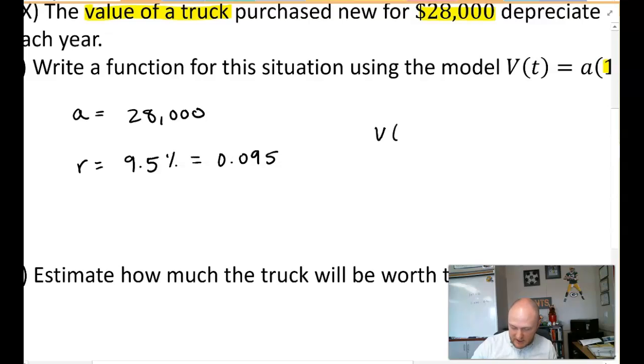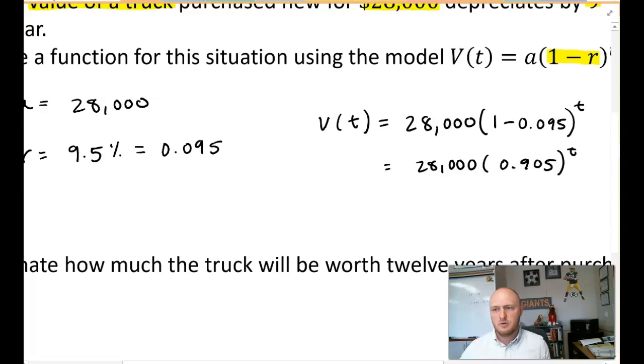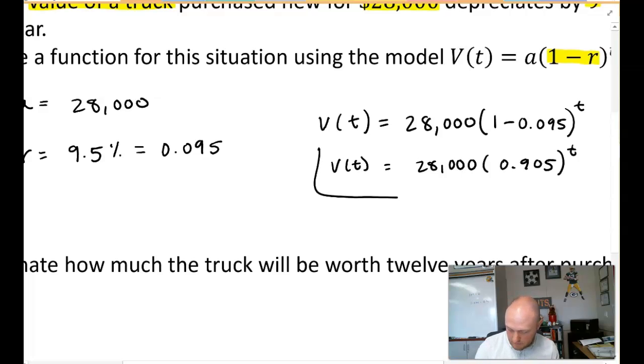Okay, so our model is going to be v of t is equal to a, that's 28,000, times 1 minus the rate, minus 0.095, to the power of t. Okay, and we'll go ahead and simplify. So if you need to, you can use your calculator or you can use mental math. So our base of the exponential model is 0.905 to the power of t. Okay, so that is our function.